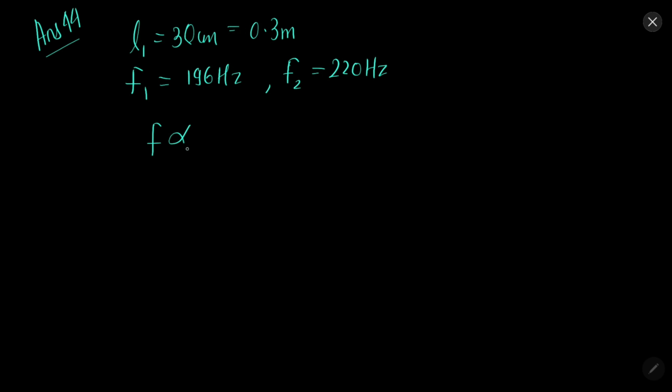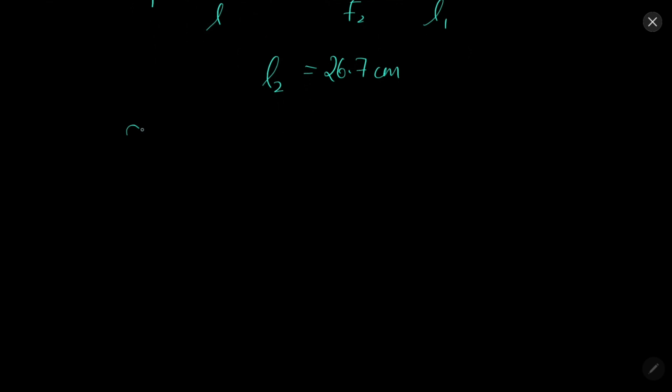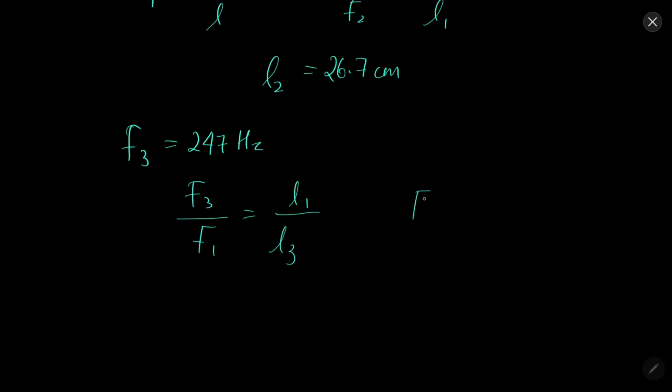F is inversely proportional to length, so F1 over F2 equal to L2 over L1. So from here L2 will come out to be 26.7 centimeter and F3 is 247 Hz. So again F3 over F1 equal to L1 over L3. From here L3 will come out to be 0.224 meters or 22.4 centimeter.